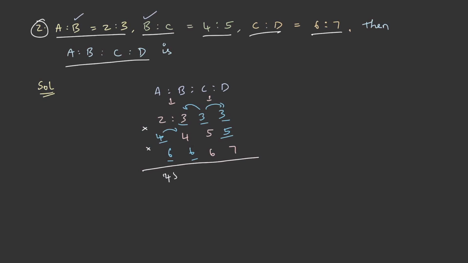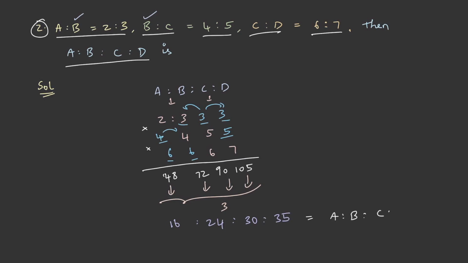We get 48 here, we get 72, we get 90 and we get 105. Then we look for a number which divides all these numbers. In this case, all these numbers are divisible by 3. So dividing these numbers by 3, we get 16:24:30:35. This is the value of a is to b is to c is to d.